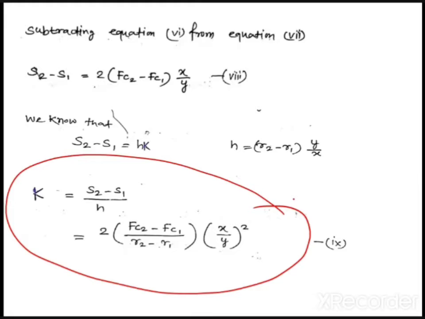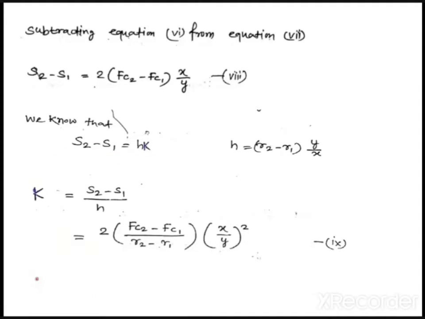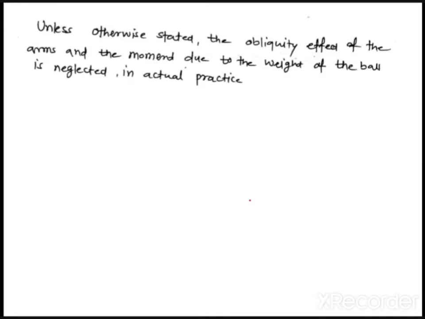Now tell me, have you understood how you got this equation? Once you have this equation, let us move forward to the last part and then we will solve the problem. Is it clear? It is (Fc2 minus Fc1) upon (R2 minus R1) into X upon Y square. Now what you should remember: unless otherwise stated, the obliquity effect of the arms and the moment due to the weight of the ball is neglected in actual practice.